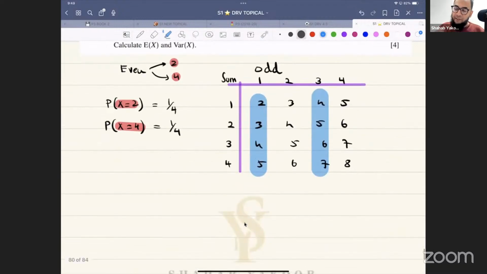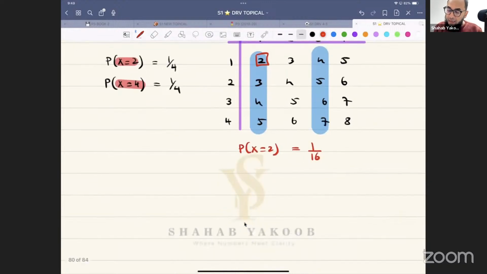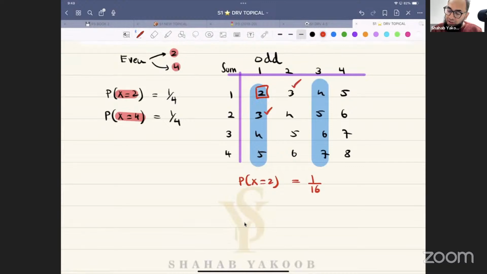So now over here, let me focus on 2. That is one possibility. So probability x equals 2 is 1 out of 16. Let me focus on 3. So for 3, probability x equals 3 is 2 out of 16. Let me focus on 4.